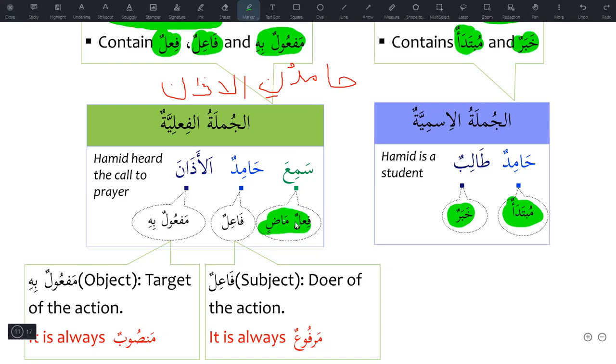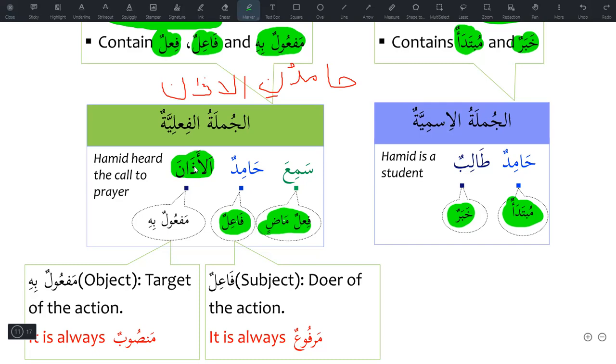So the verb is fi'lun madin and Hamid is fa'il here. Hamid is the subject. Al-azana: the work is being done on al-azan. What is Hamid listening to? Hamid is listening to the azan. So the work of listening is happening on the azan.